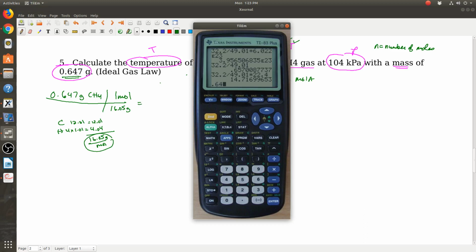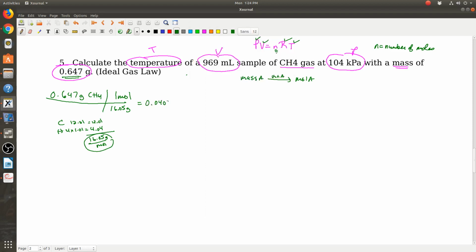So 0.647 divided by 16.05, I get 0.040311. Let's write that all down. All right, let's look at sig figs. Leading zeros are losers. 1, 2, 3 sig figs. So it's 0.0403 moles.